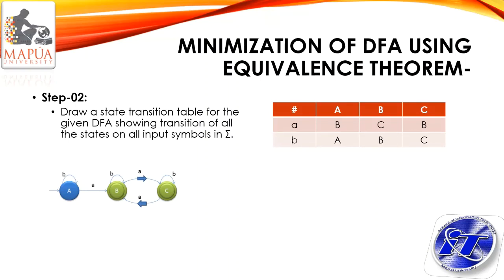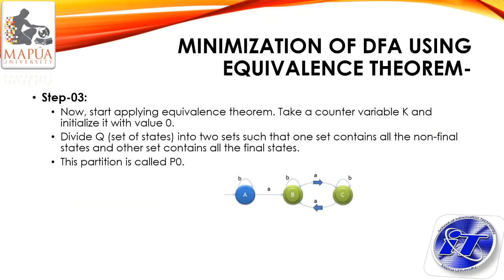After creating this, we proceed with step 3. We're going to group the non-final states and the final states, so we're going to have two groups, one for final states and one for non-final states.